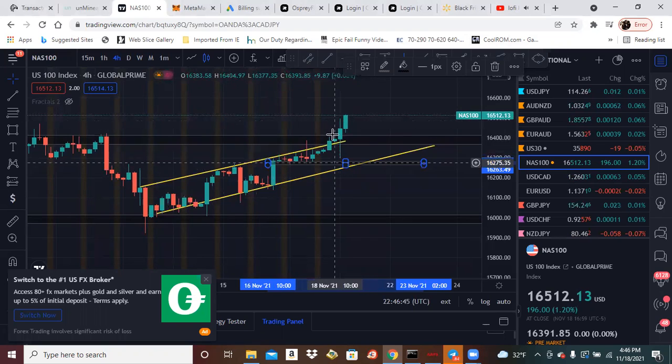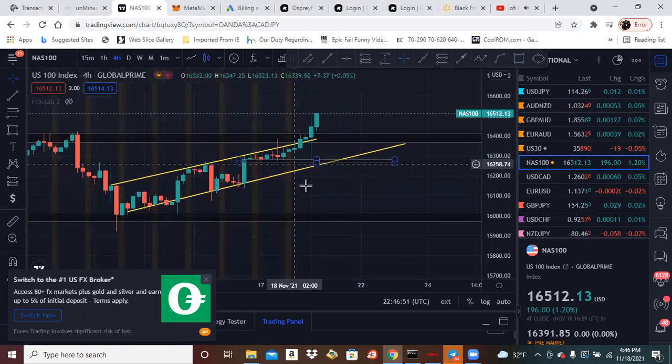We had a little candle here that I don't know what really happened there, but nonetheless, that would have been a nice little trade right there. I just did not catch that one.